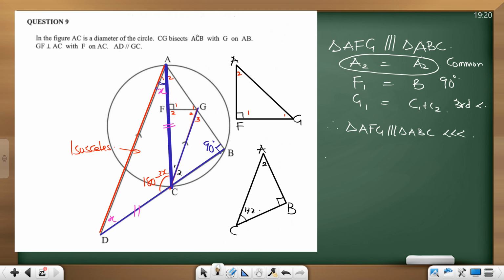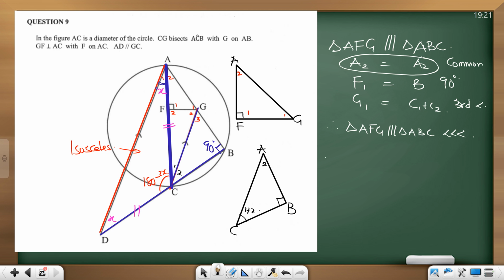List out your angles: first and the first, second and the second, third and the third, and get your answer. Guys, please don't forget, that's 3 marks that must be guaranteed for you. There is no paper you are going to look through that will not have that question.